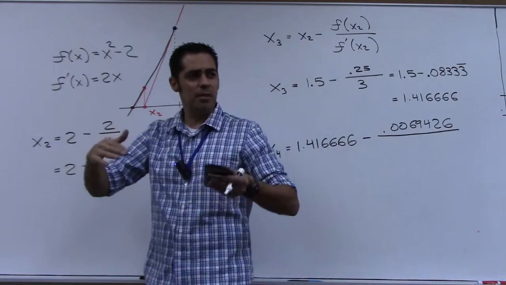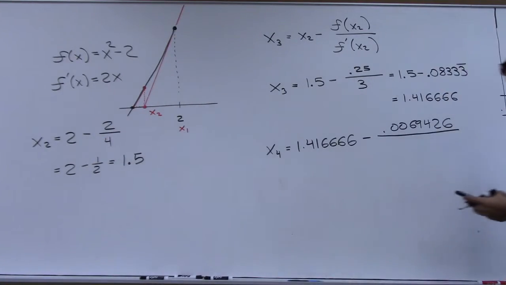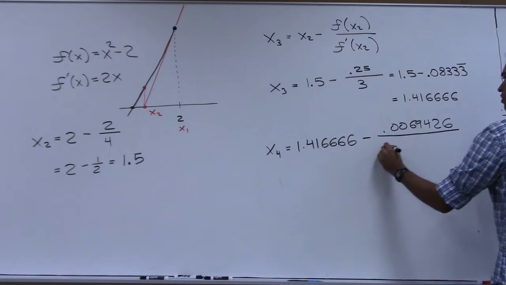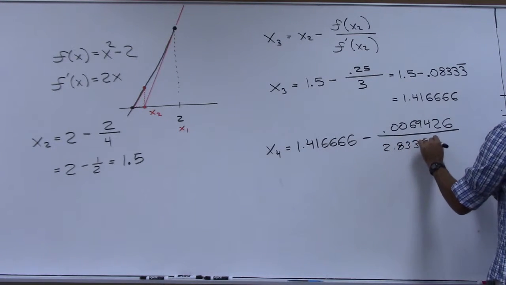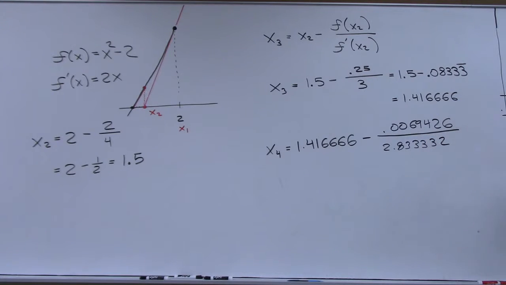Do y'all see what I'm doing or not? Okay. So then 1.416666 times 2. This is 2.83332. Do that, subtract.